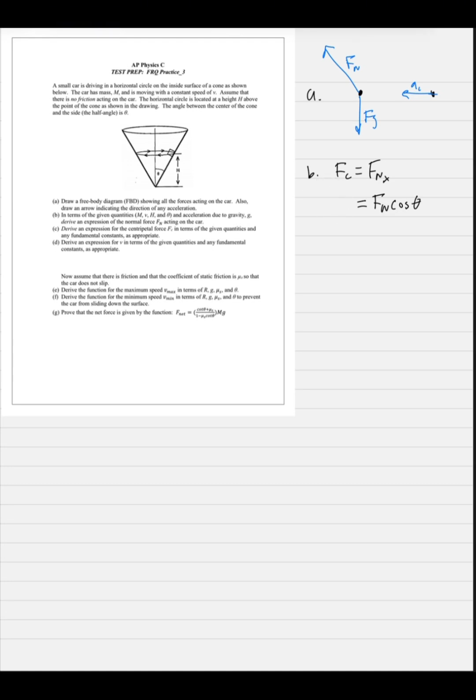We'll also expand Fc. And to find our R, this will be H, and this will be R. We're given a theta that's opposite to R. And because of that, since we're given the opposite and the adjacent, we'll do tan theta equal to R over H, and we'll isolate for R. And then we'll plug that back in.